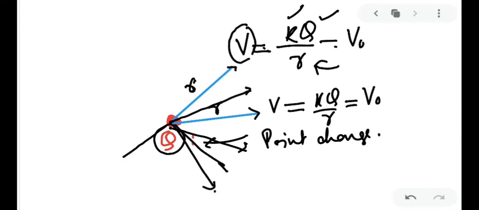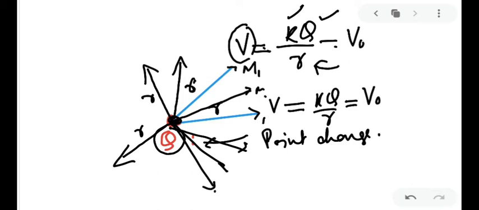So every point at an equal distance from this given point charge, all the points which lie at an equal distance from a point, you have a set of points. See, the first point was this m1, m2, you have m3, m4, m5, m6, m7, etc., m1000.